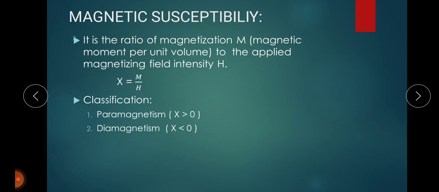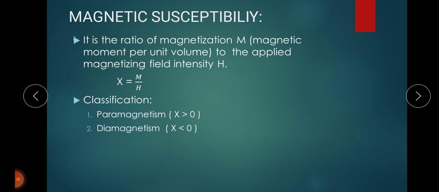Magnetic susceptibility is a measure of how much a material will become magnetized in an applied magnetic field. Also, it is the ratio of magnetization M, where magnetization is the magnetic moment per unit volume, to the applied magnetizing field intensity H. It is denoted by the letter Xi.